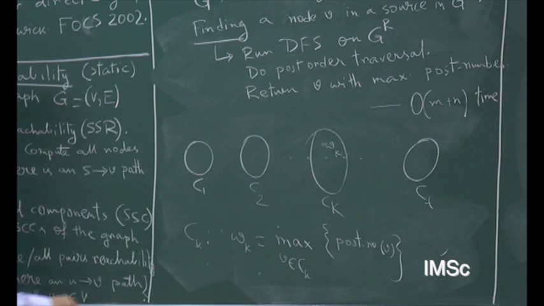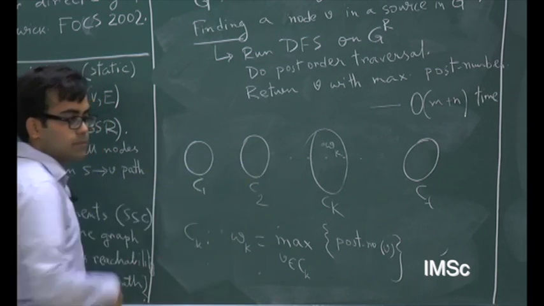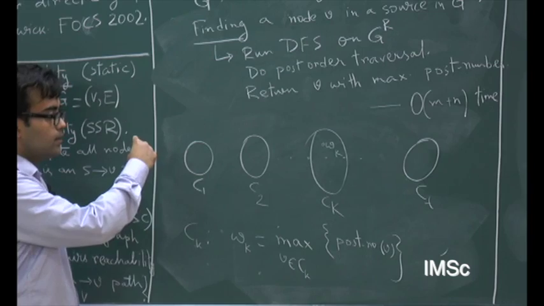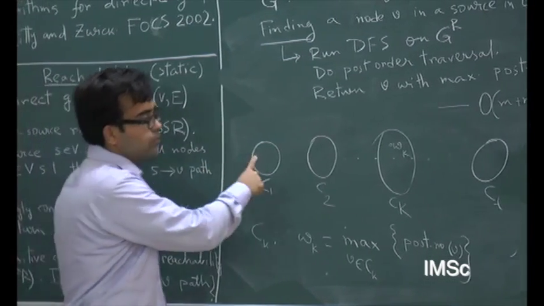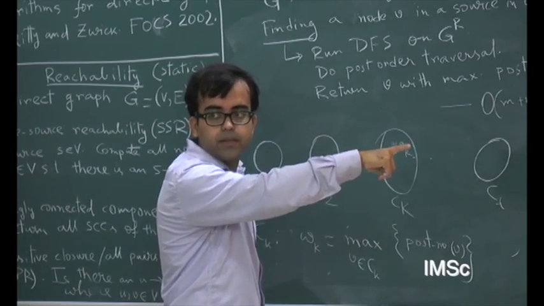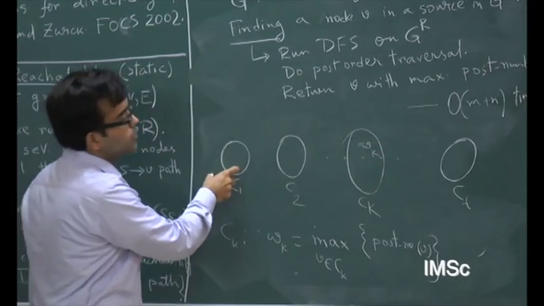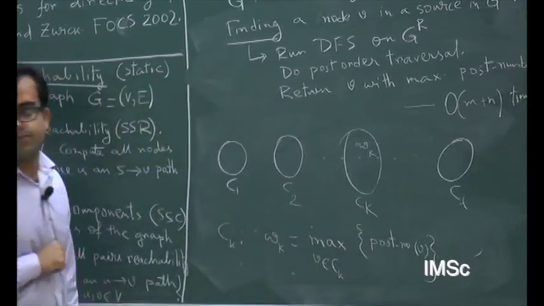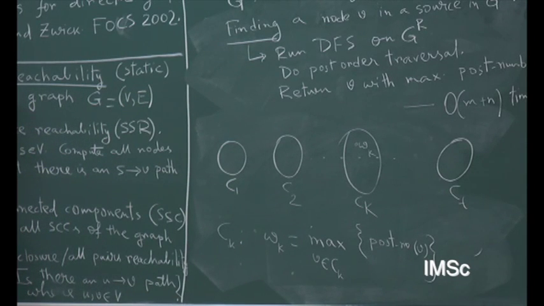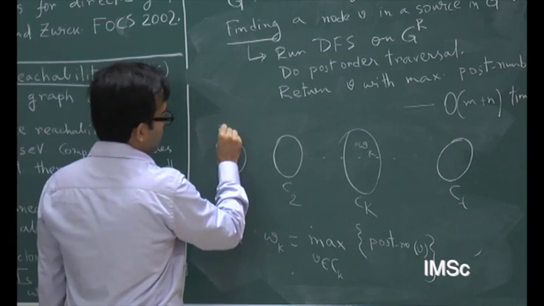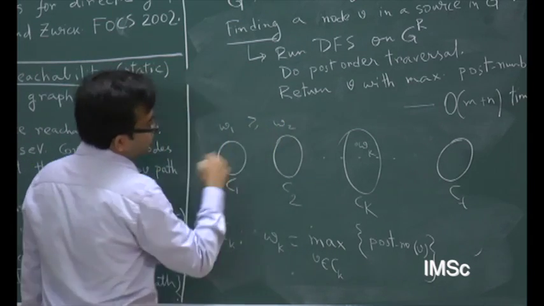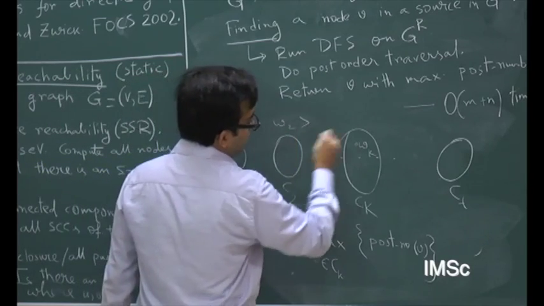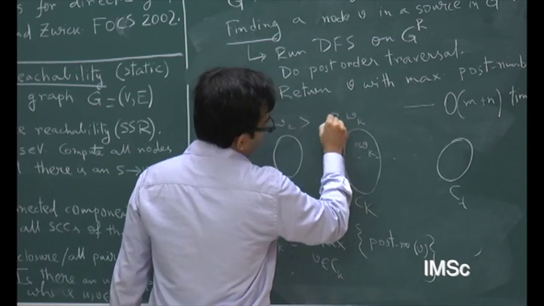It says if you just sort these nodes in decreasing order of Wk values, then you will get a topological ordering of this graph on the meta nodes. Did you get what I mean? So W1 will be greater than W2, this will be greater, and so on.